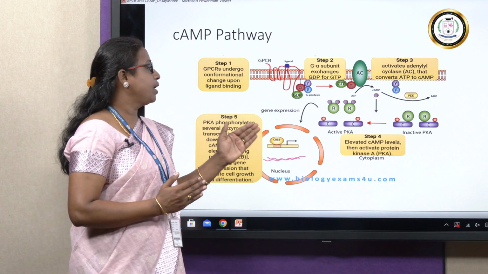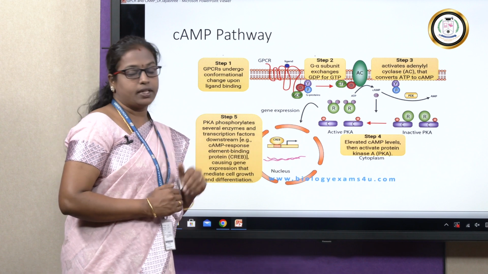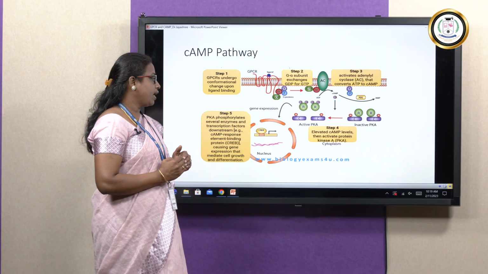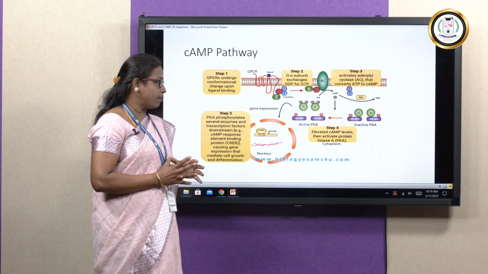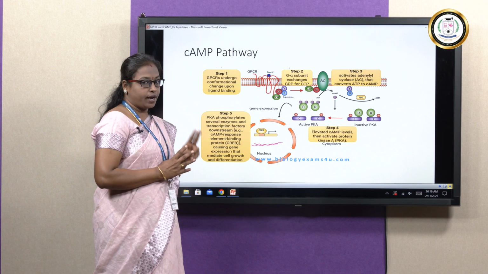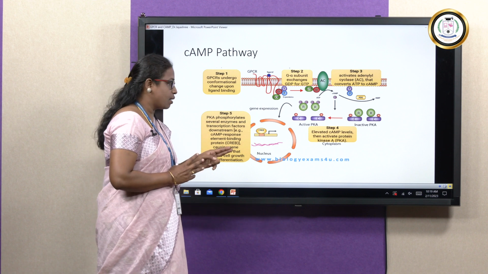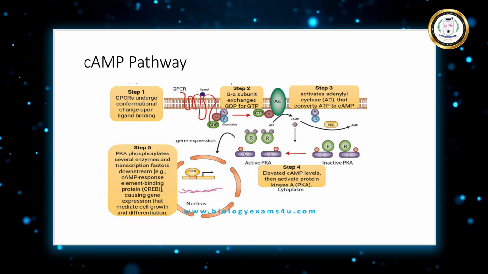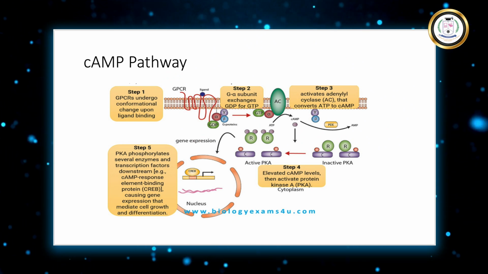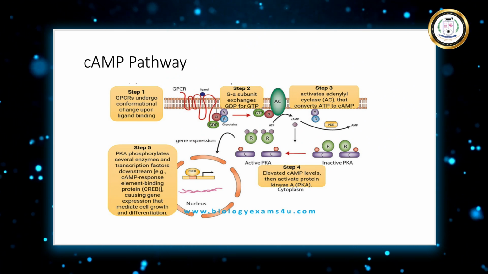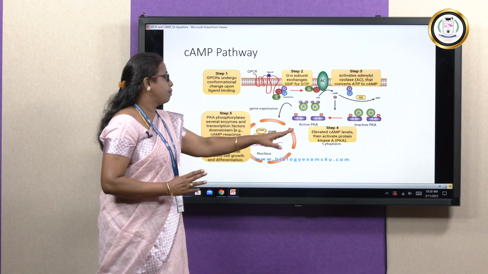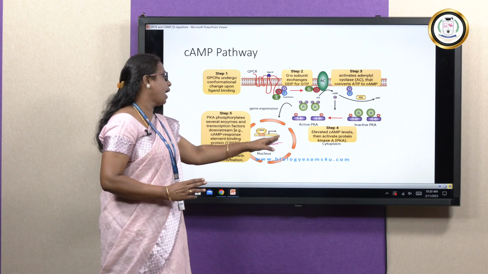This cyclic AMP directly binds with protein kinase A. Protein kinase A is a tetrameric enzyme containing two regulatory subunits and two catalytic subunits. When two cAMP molecules bind with the regulatory subunits, the PKA comes to the active form.